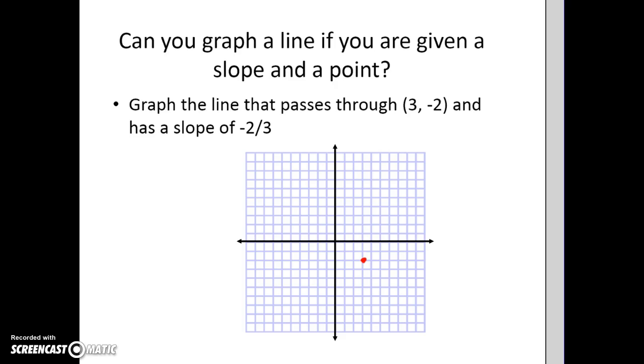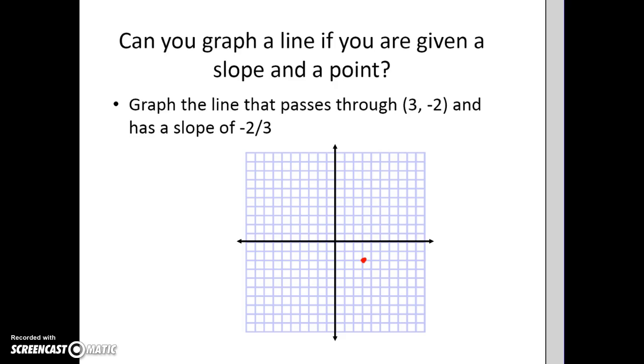The nice thing about slope is that slope, of course, is the rise over the run for the entire line. So the slope from this point is -2/3, and that would be the same slope if we knew the y-intercept. So we're going to do this the same way.